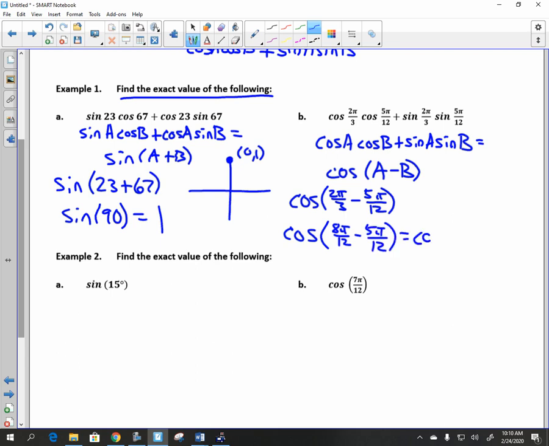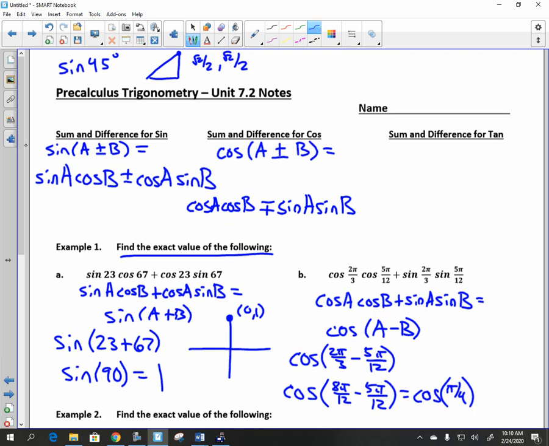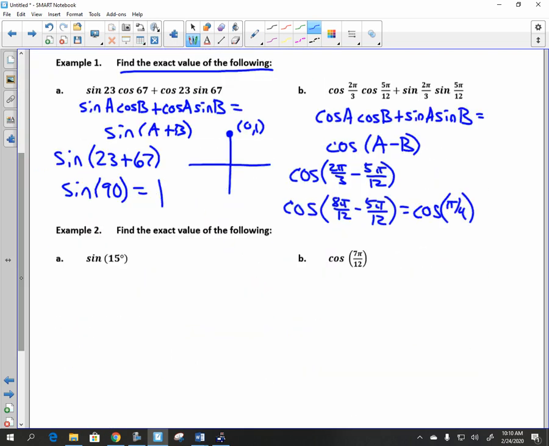So that's the cosine of what? 3 pi over 12. 3 pi over 12 is the same as pi over 4. Pi over 4 is 45 degrees. Did we learn the terminal point for 45 degrees? Sure, we have it right up there. And so therefore, cosine is the x value. The exact value is root of 2 over 2.